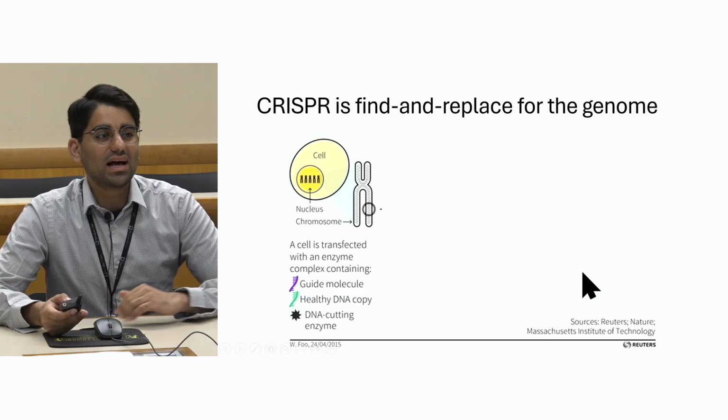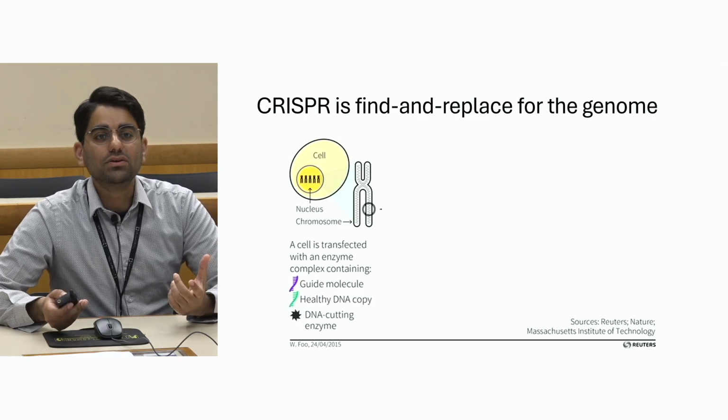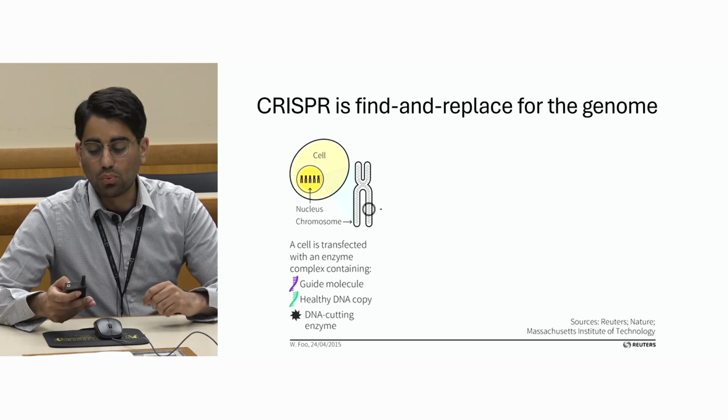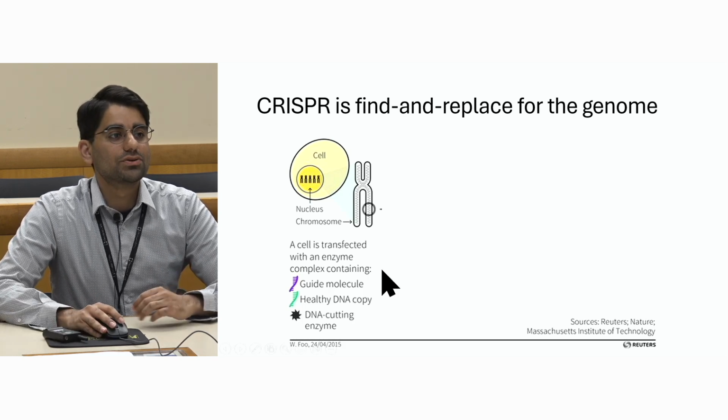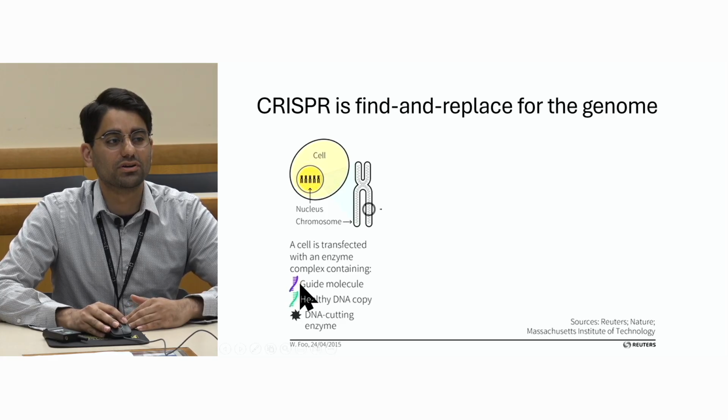A cell which contains all of the DNA is transfected with 2 things. One is an enzyme complex, another protein, which contains a guide molecule. That's going to be the find part of our find and replace. It tells us exactly what we are looking for in the DNA sequence of the cell. It also contains a DNA cutting enzyme and a healthy DNA copy.